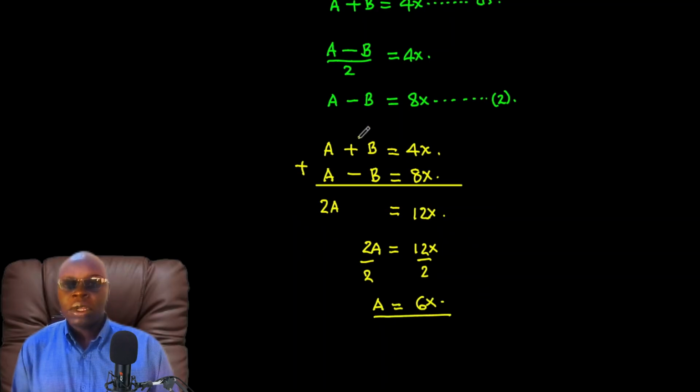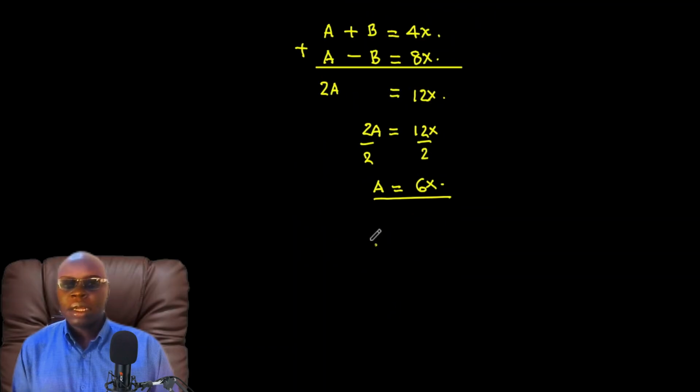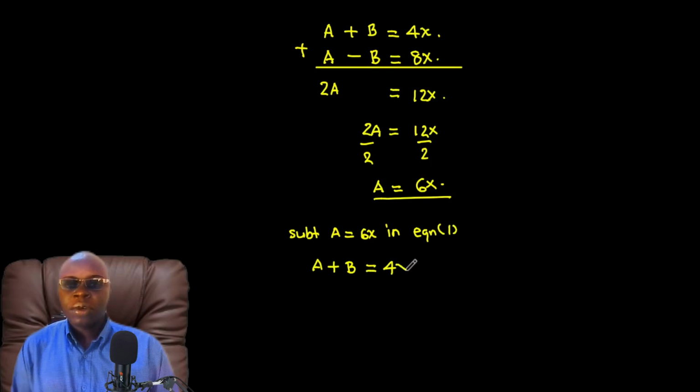Let's also get the value for B. B can be calculated from equation number 1 or 2 through substitution. Let's substitute A with 6x in equation number 1. Equation number 1 says A plus B equals 4x.